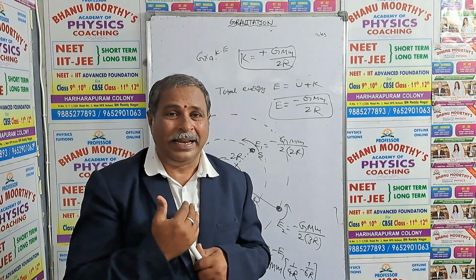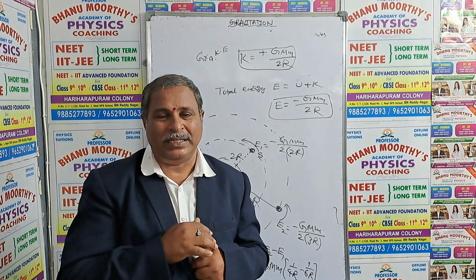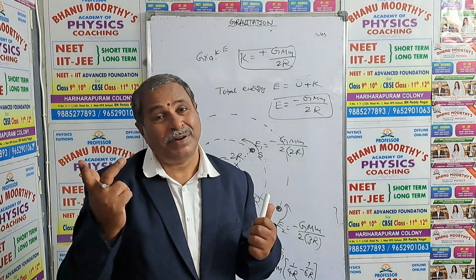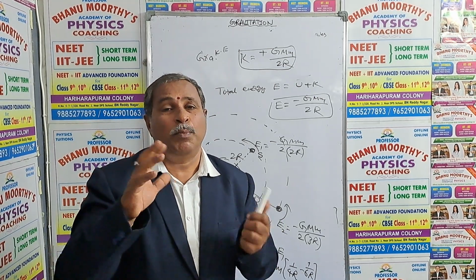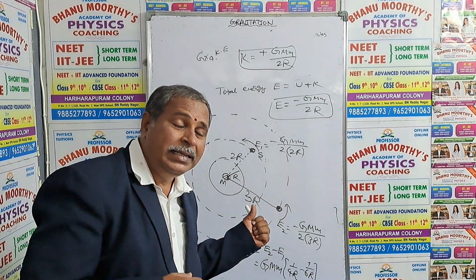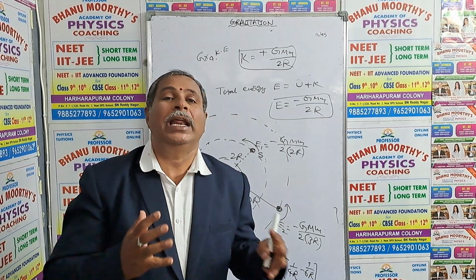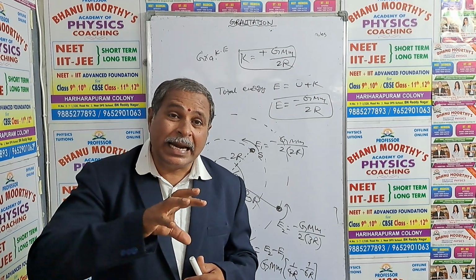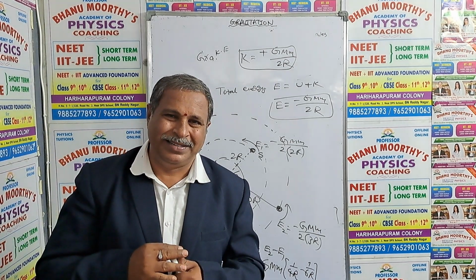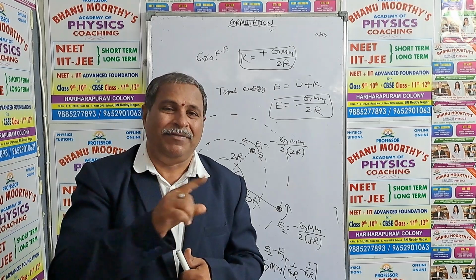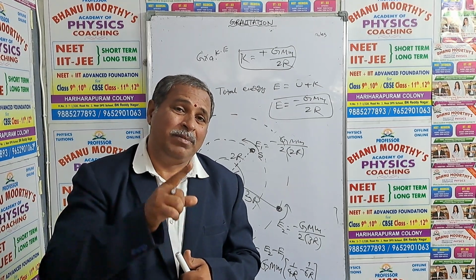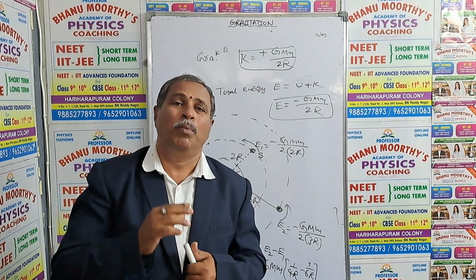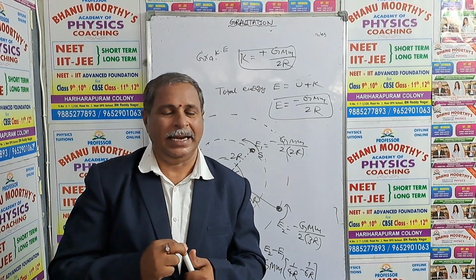Now it is taken to a height h. That is a different formula: there it is the change in potential energy, but here it is the change in total energy, because it is an orbiting satellite taken to another orbit. From the surface to a height h, the work done is the change in potential energy.